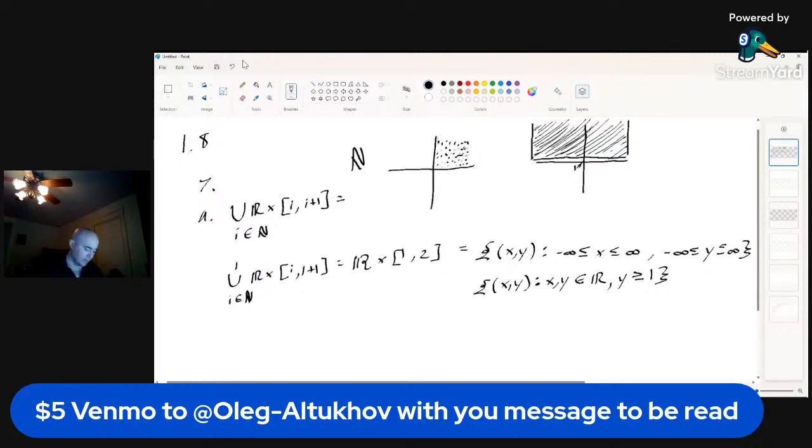This is union. The intersection is x such that x is a member of A sub alpha for every set A sub alpha with alpha being a member of I. Let me see here. This is where the brain melty stuff starts. All right. Note that.